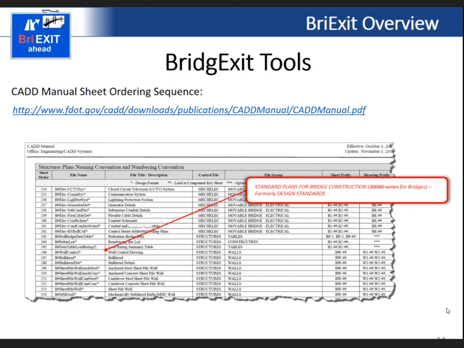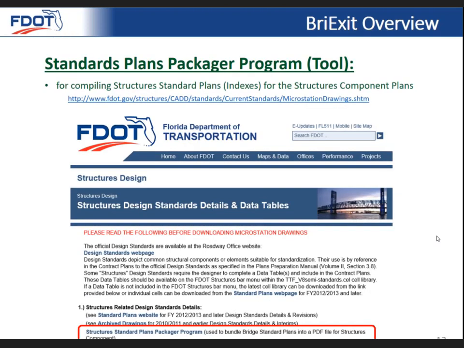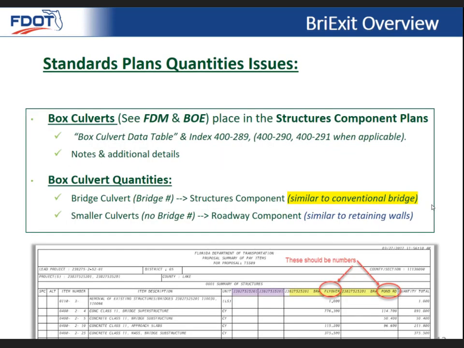And you can manually do this directly downloading from the website, but this just expedites the process. If for some reason you don't have the latest CAD load, you can always get a copy of the Standard Plans package or program off our support page on the Structures Design website. Link provided at the top of the screen there.